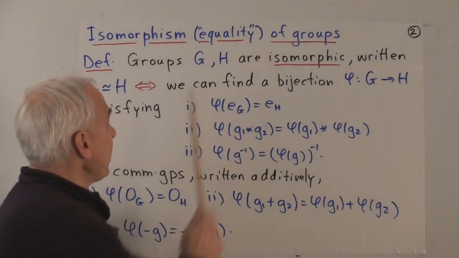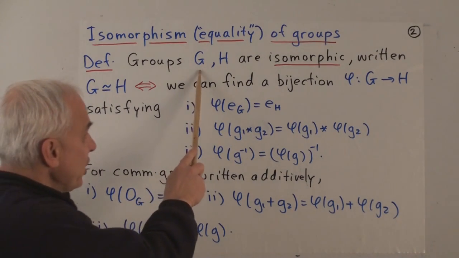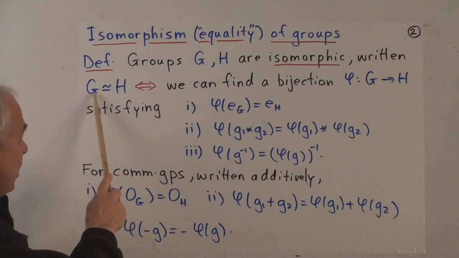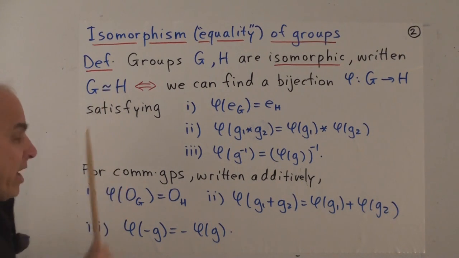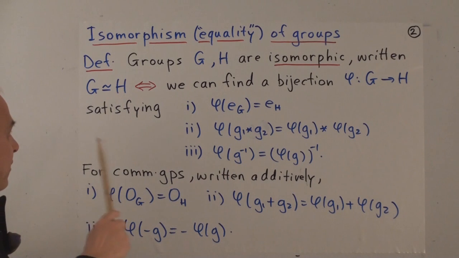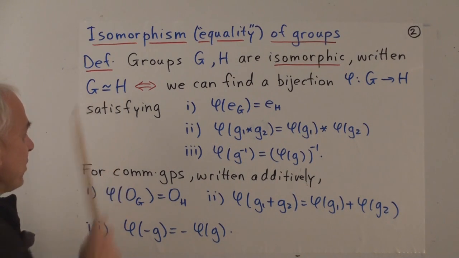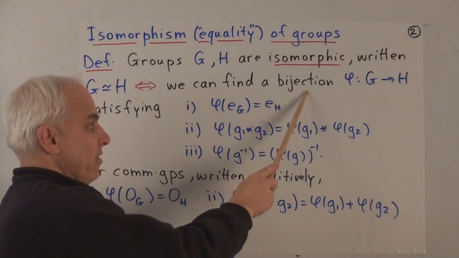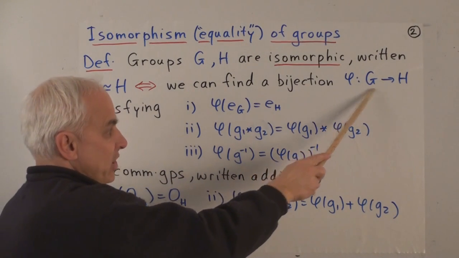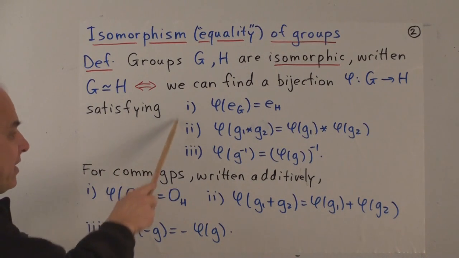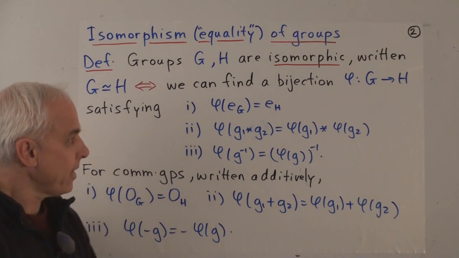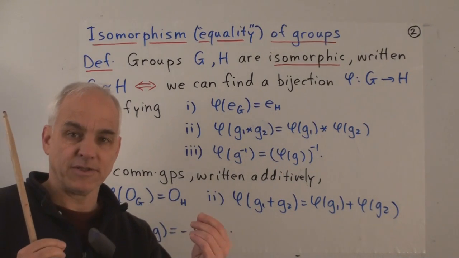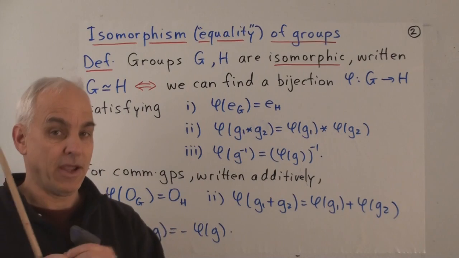For groups, here's the definition: groups G and H are isomorphic, and we write it with an equal sign with a little wavy tilde on the top, precisely when we can find a bijection, say phi, from G to H, satisfying these three conditions. A bijection means a correspondence which is one-to-one and onto.